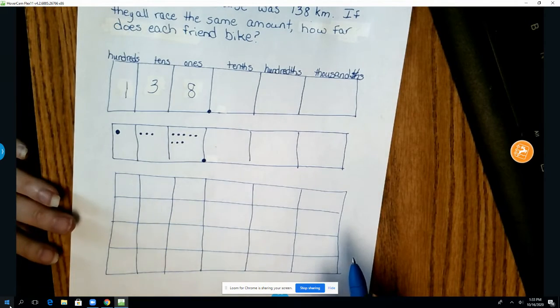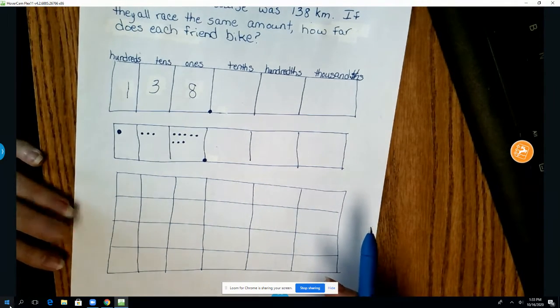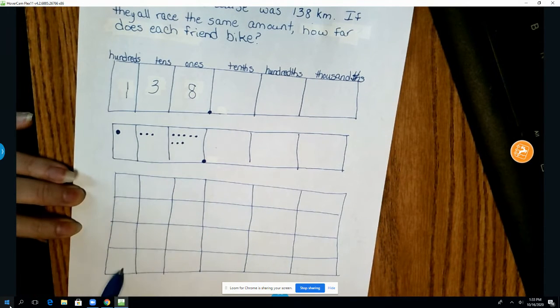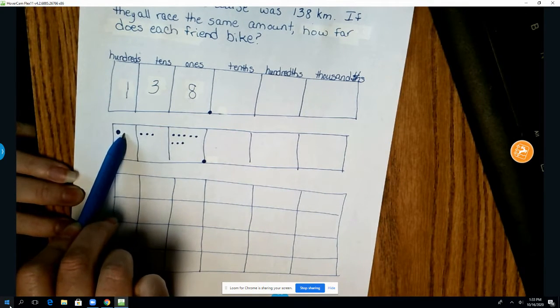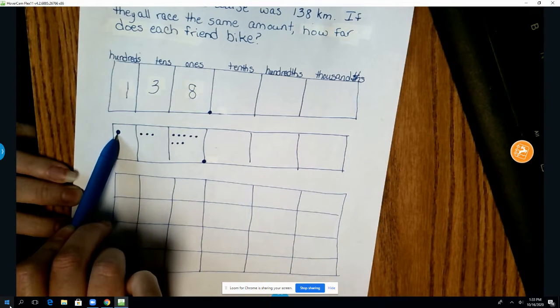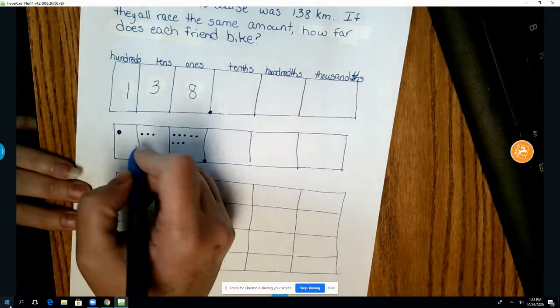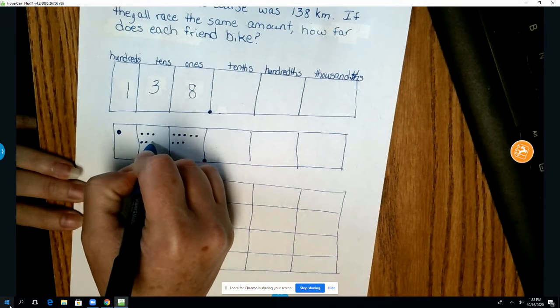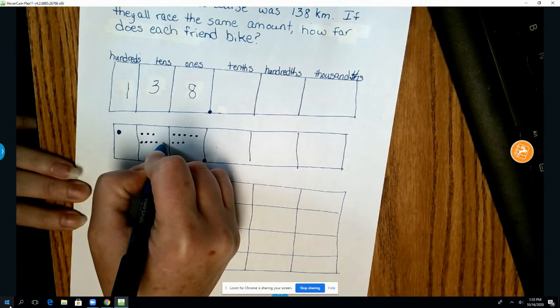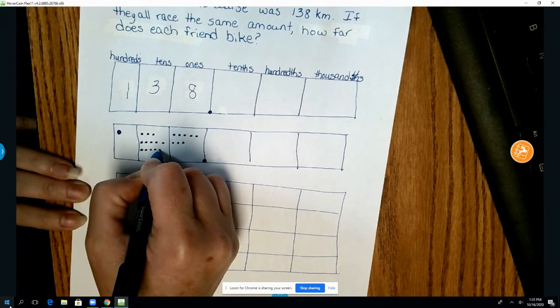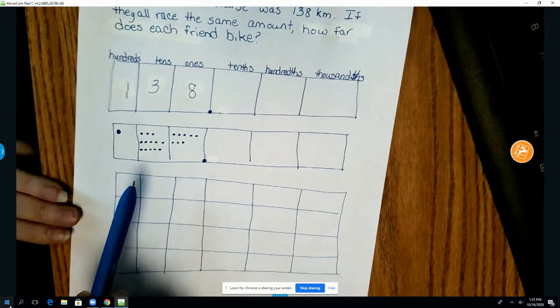Okay. So now I want to start dividing. Well, I cannot put 1 into 4 different places, but I can unbundle this and make it 10 sets of 10 instead of 1 set of 100. And so now I have 13 here.